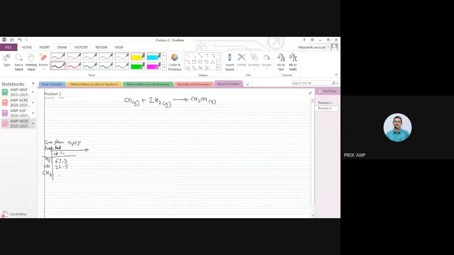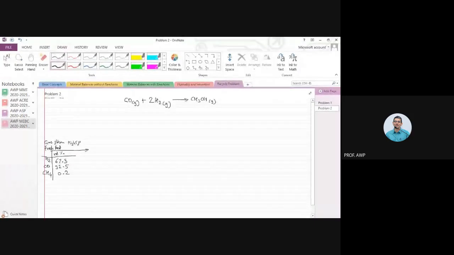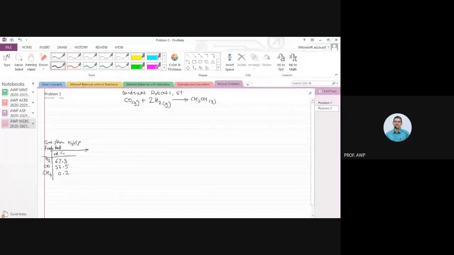And methane is 0.2%. Okay, again, it's a continuous process. We are only looking at the steady state. Okay, so this goes to a reactor.